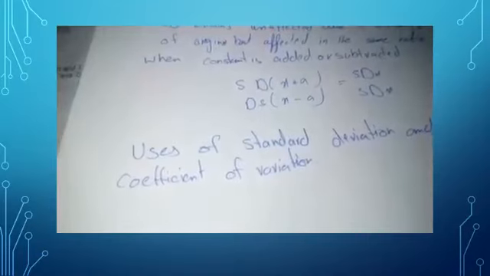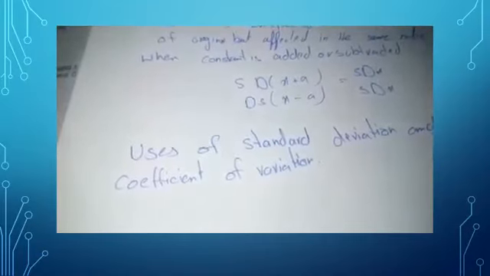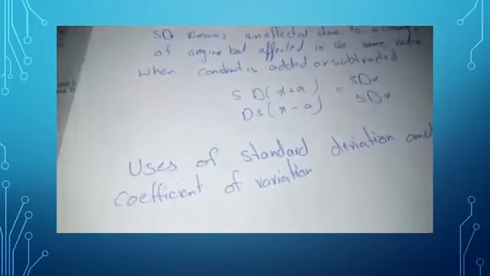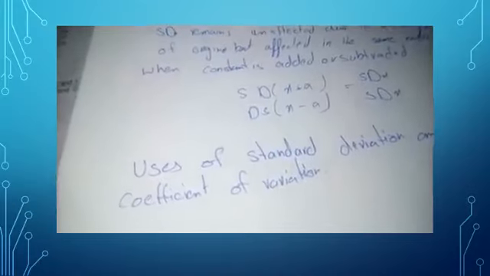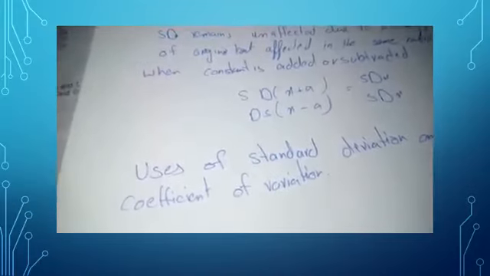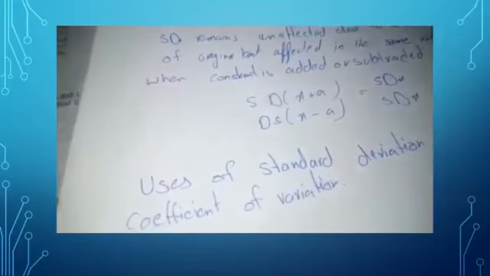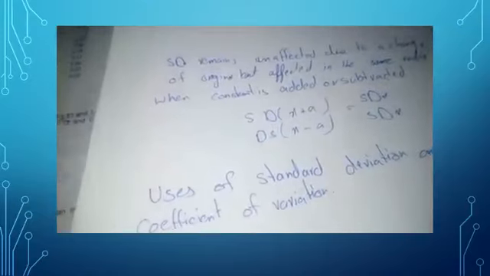To measure the variation in data, we use the coefficient of the variation, which shows the accuracy in data. If the value of the coefficient of the variation is smaller, it shows consistency in data, and if the value is large, it shows less consistency in data. So the coefficient of the variation basically shows the consistency in data.